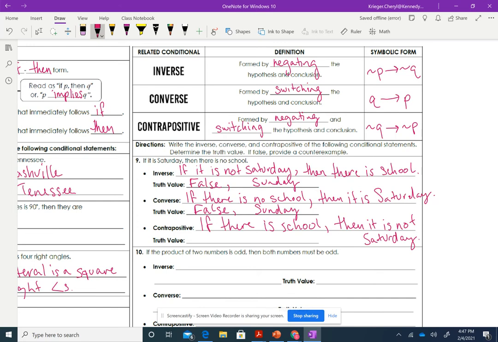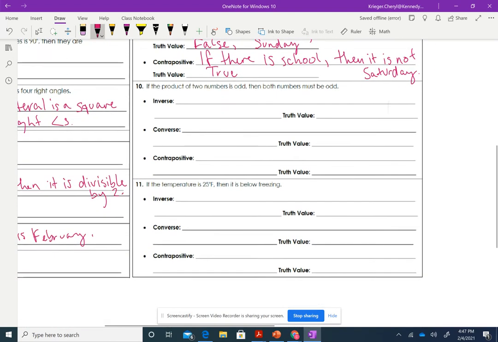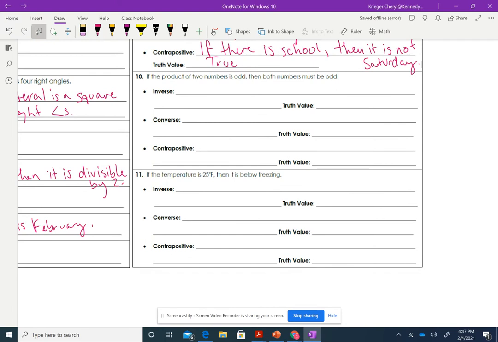That is true. If there is school, then it's not Saturday. True. You guys are going to do number 10. I guess I'll do number 11.